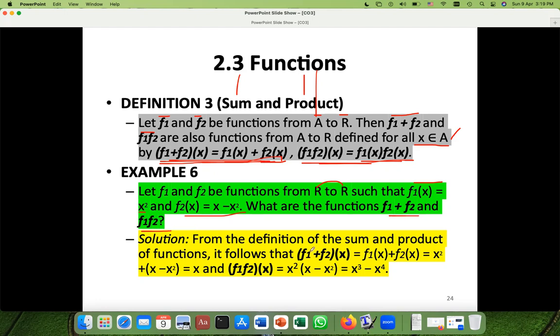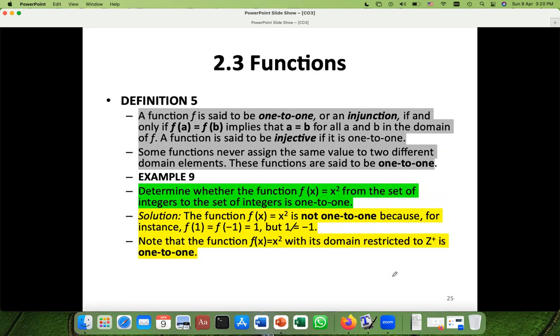Just write the formula (f1 plus f2)(x), and put these values into the formula. f1 of x is x squared, plus the value for f2, x minus x squared. The x squared terms, minus and plus, cancel, and then you have only x remaining. And similarly for the product, you only have to multiply and you will have the answer. So it is simple. So this is for sum and product.